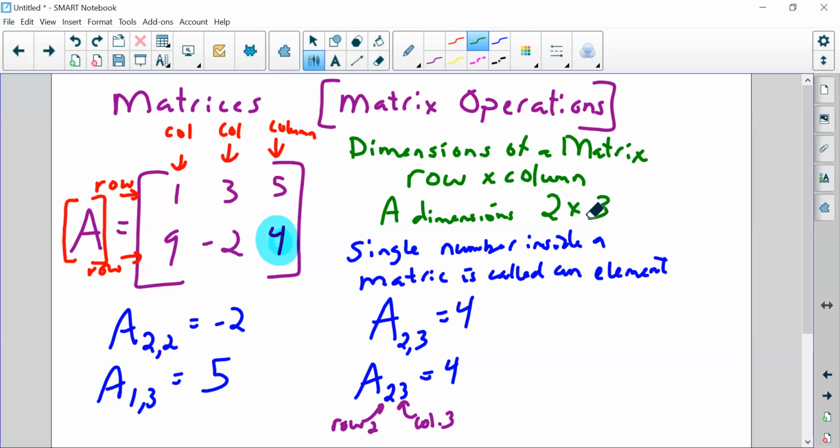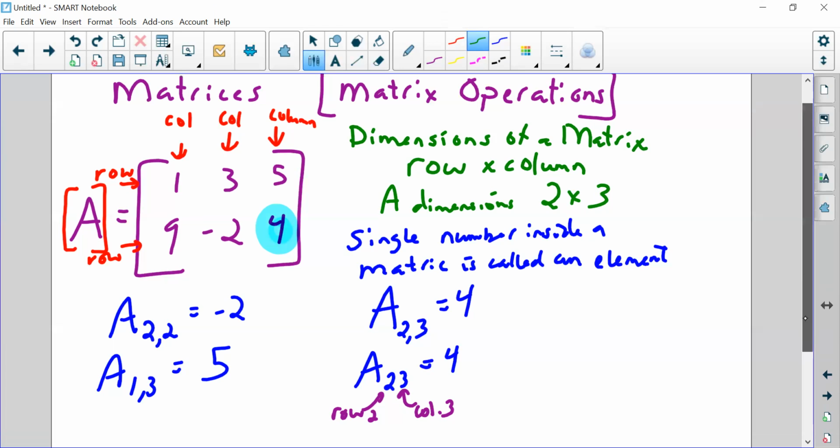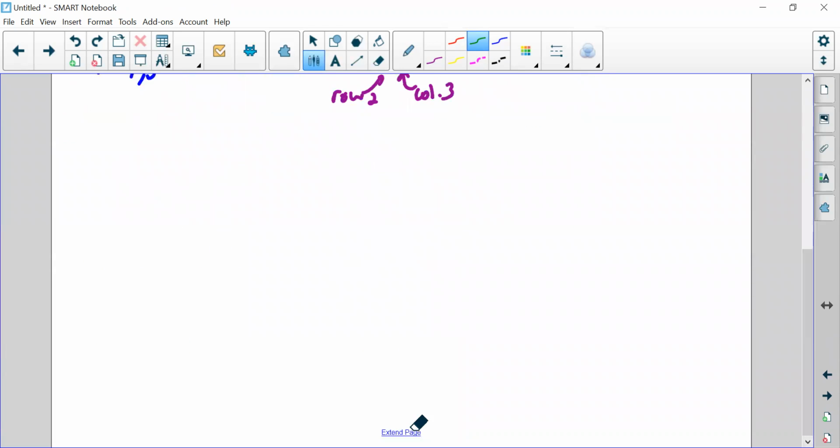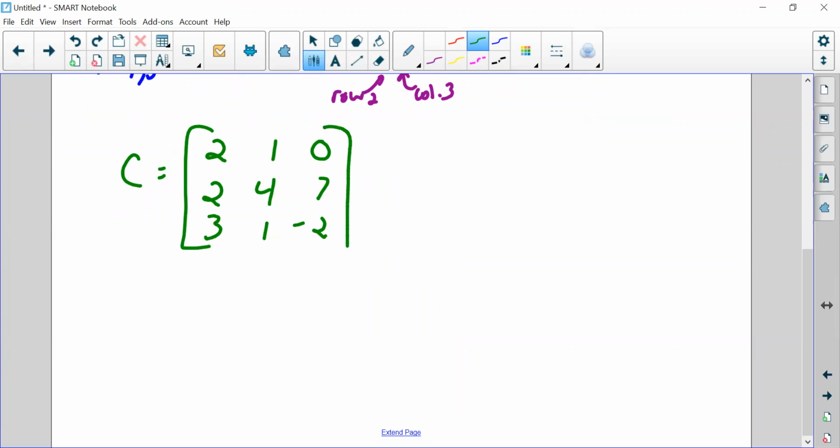So let's look at another example. Let's call this matrix C. Okay, what are the dimensions of matrix C?